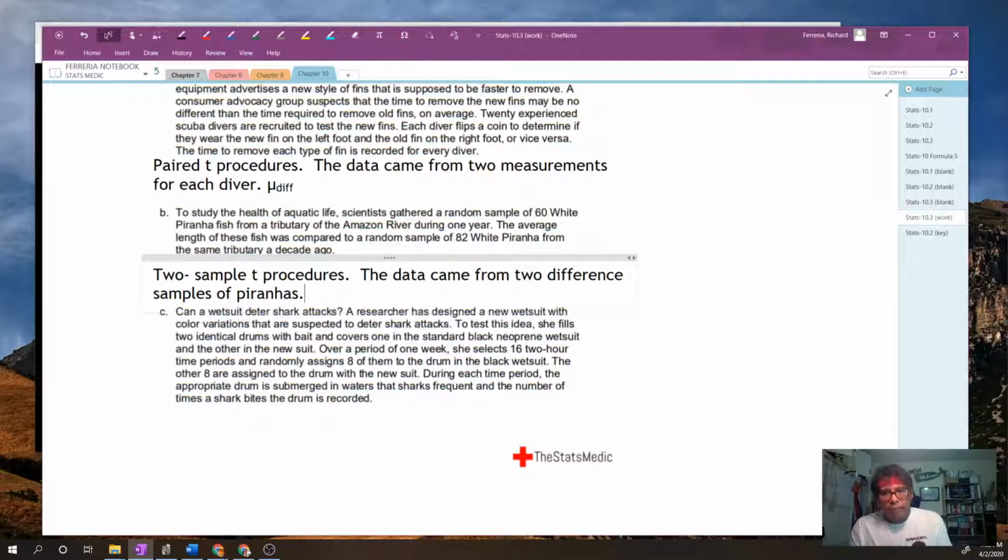So, what do you think? What are the experimental units in this case? Are they actually the wetsuits? In this case, it's kind of like the drum that is covered with that wetsuit is the experimental unit here.